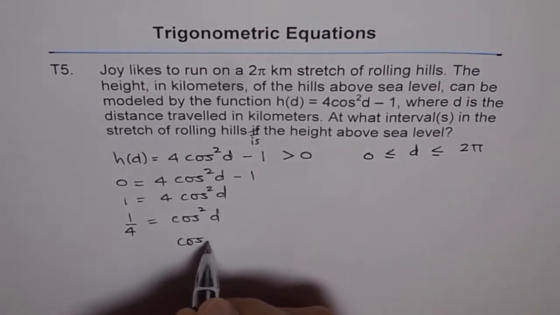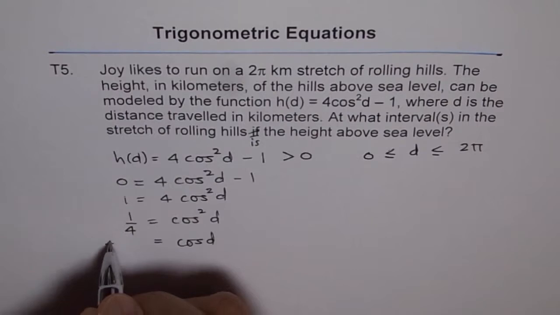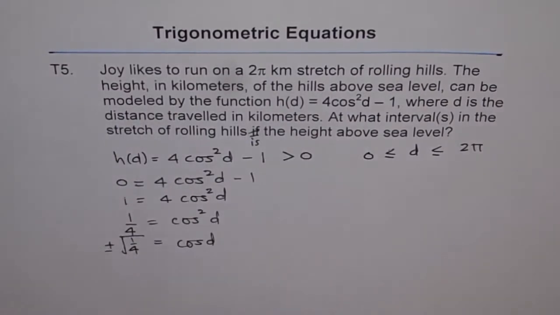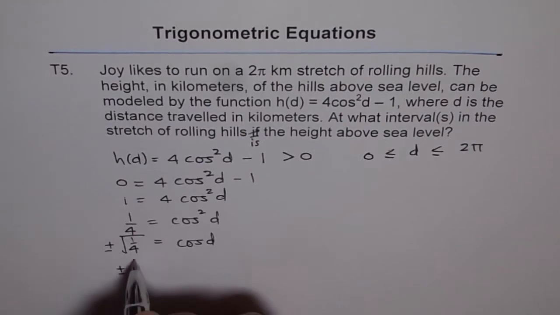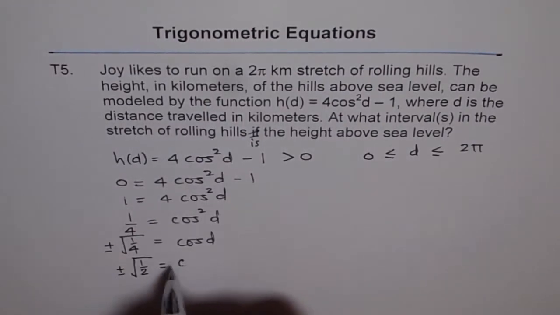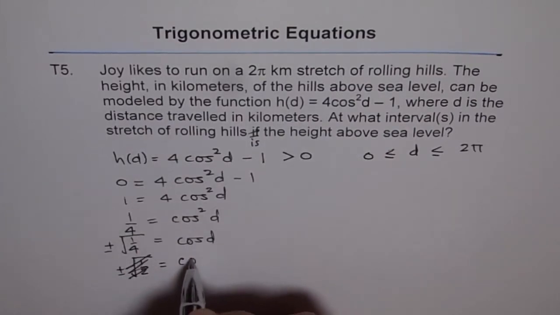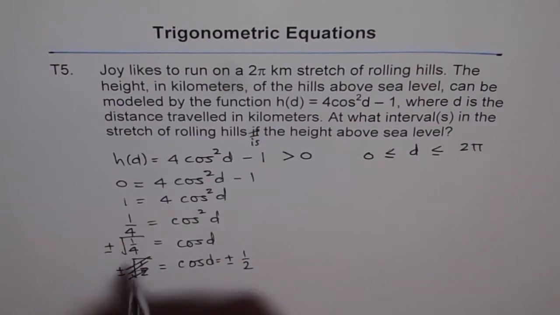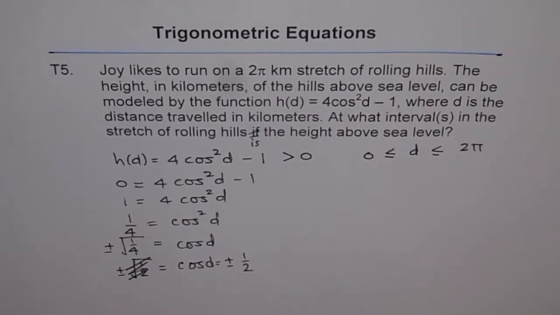And so we get cos d equals plus minus square root of 1 over 4, correct? So that means cos d equals plus minus half, right? The square root of 1 over 4 is plus minus half. So that is what we get for cos d.